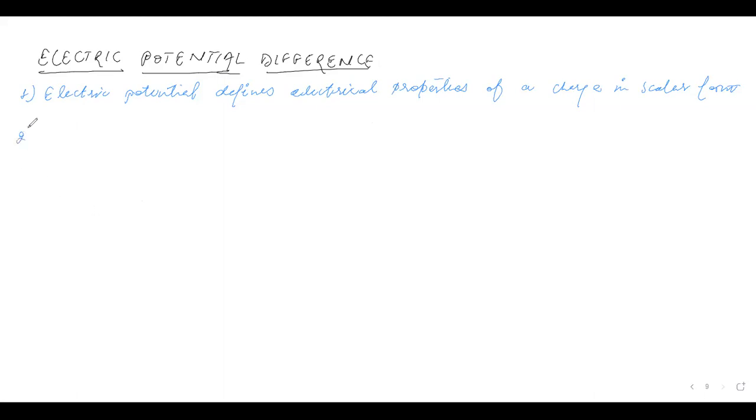In the second point, you can write: electric potential is always a property of a single charge only. Note it down, please.